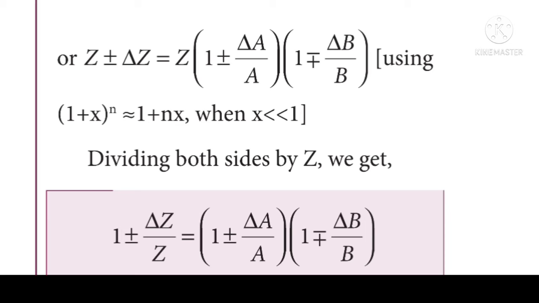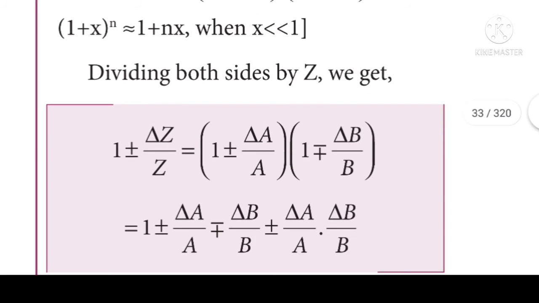Using this, the second term of the above expression is changed. Next we are going to divide both sides by Z. We will get 1 plus or minus del Z by Z is equal to 1 plus or minus del A by A into 1 minus or plus del B by B.